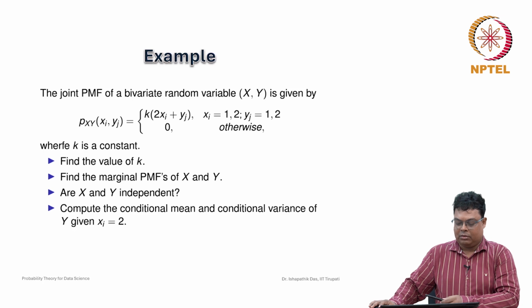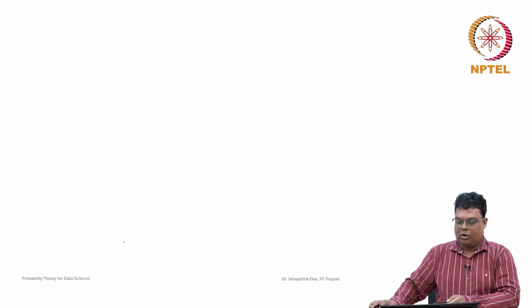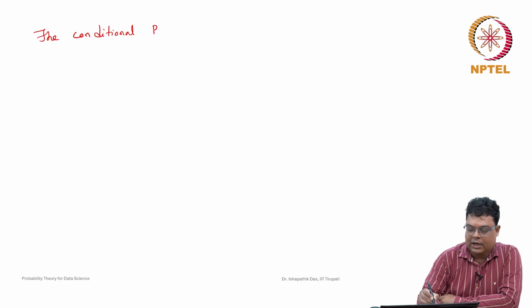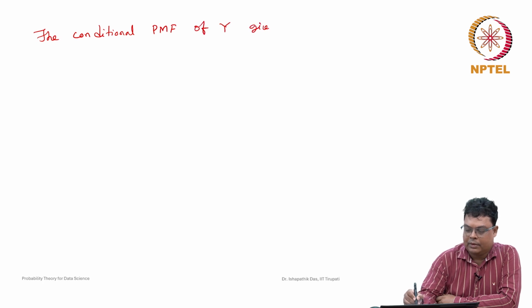It is asking only for Y given X, so we need the conditional probability mass function of Y given X. So the conditional probability mass function of Y given X is equal to xi.